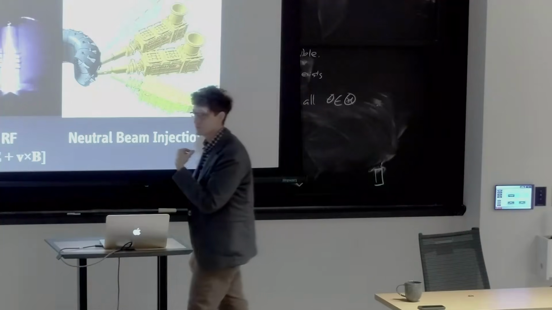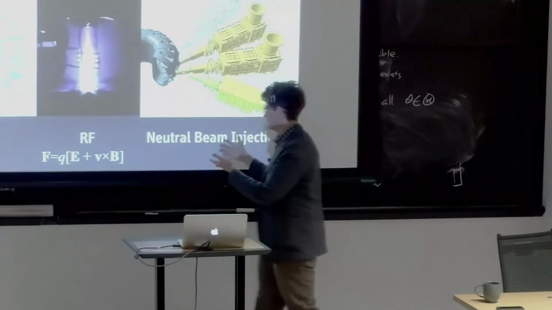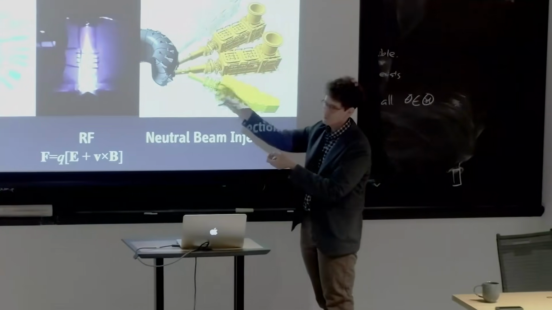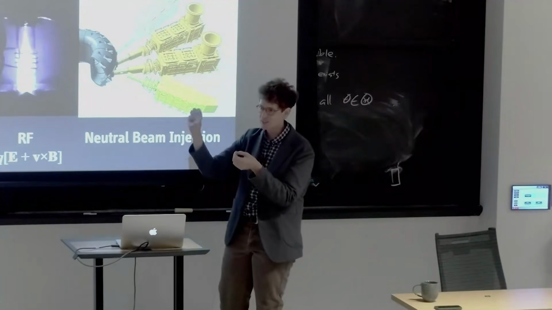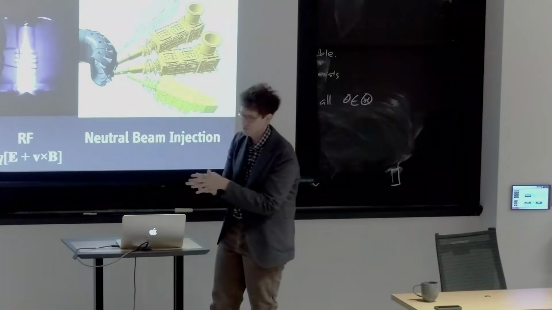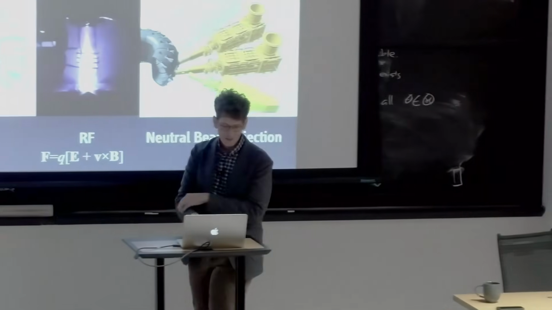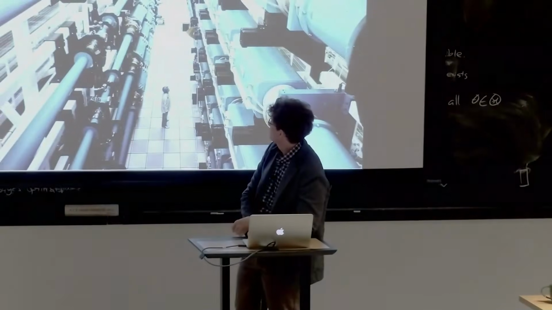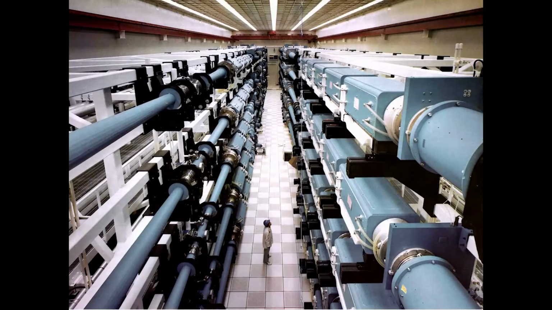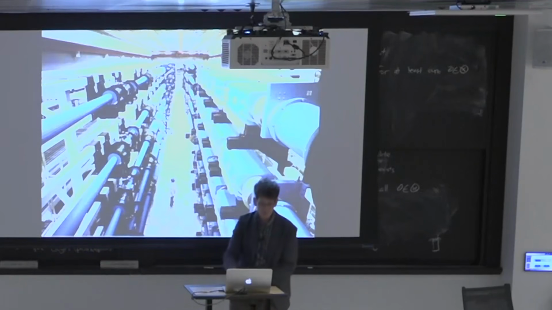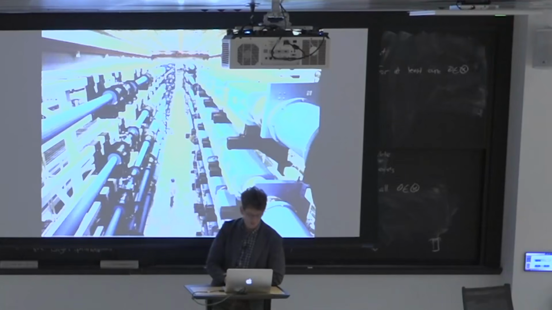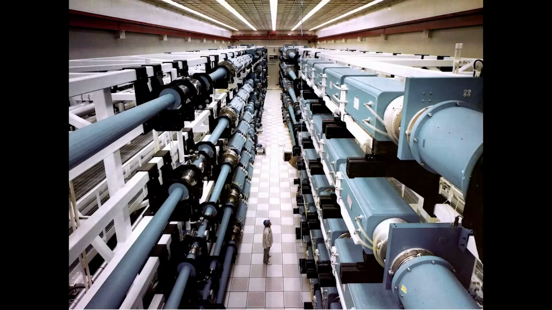This is how tokamaks work. And then there are other concepts for heating. You can shoot neutrons and other neutral beams in there to kinetically collide with the DT gas and try to heat them up through kinetic fusion. These are very inefficient. This is a photograph of one of the laser rooms at NIF. These are all lasers. You see a picture of a guy, and there's just lots and lots of terawatts of laser energy going into heating these things.